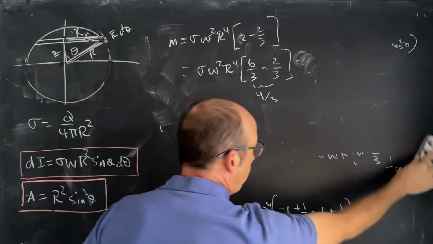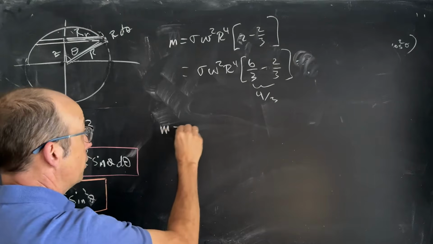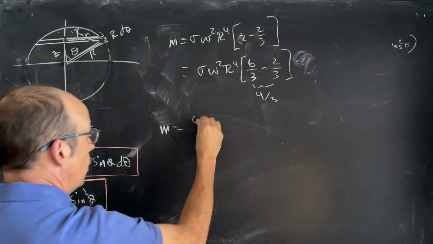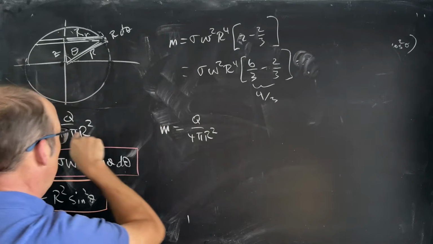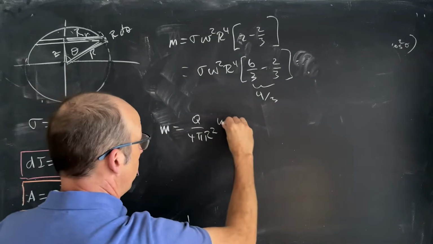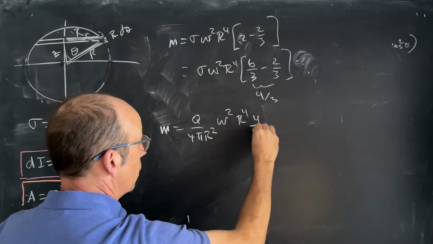And we don't want it in terms of the charge density, so I'm going to put in everything. So m is going to be sigma, which is q over 4 pi r squared, omega r to the fourth, 4/3.